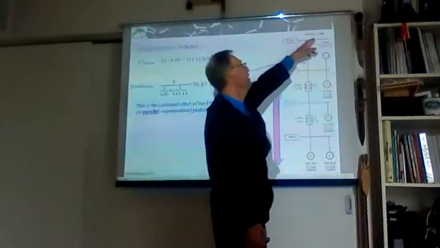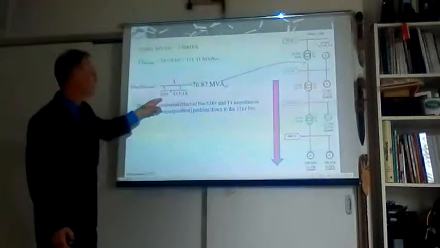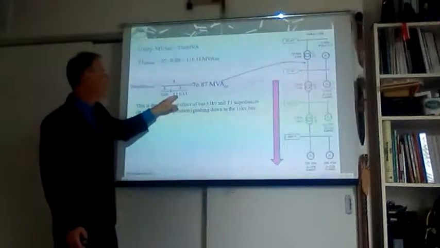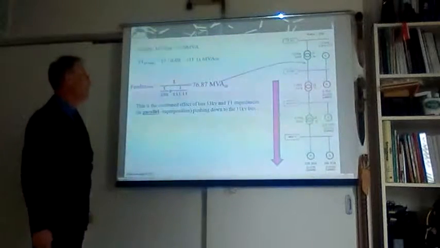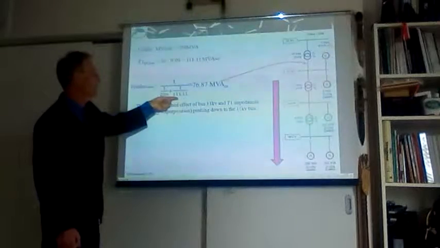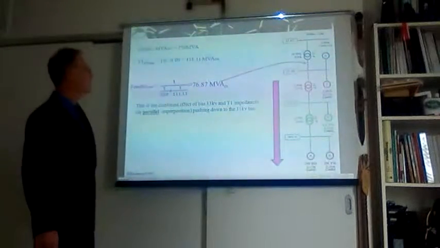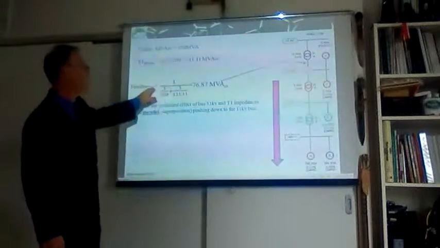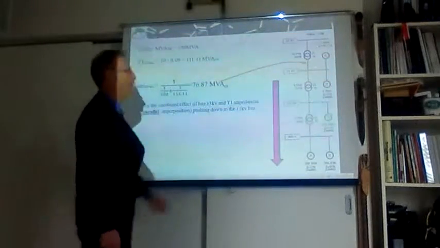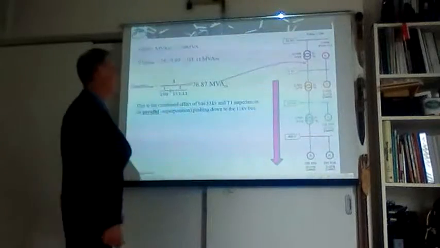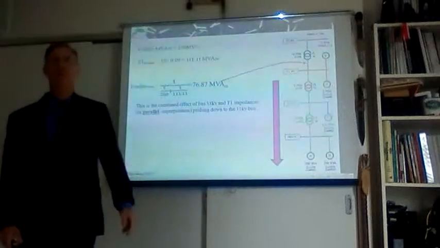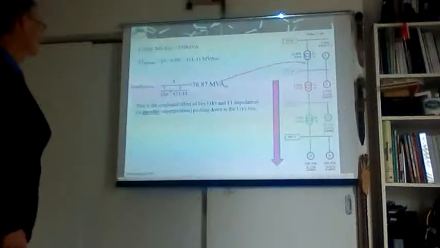So the incoming MVA is 250 MVA, and the transformer secondary is 111 MVA. 1 over (1 over 250 plus 1 over 111) will give us the feeder contribution down into the next bus, the 11 kV bus. And that is 76 MVA.